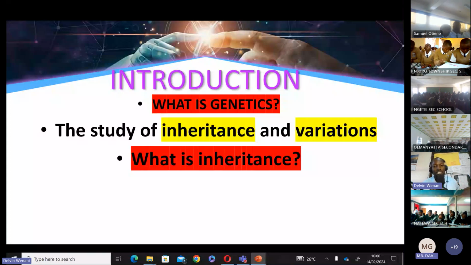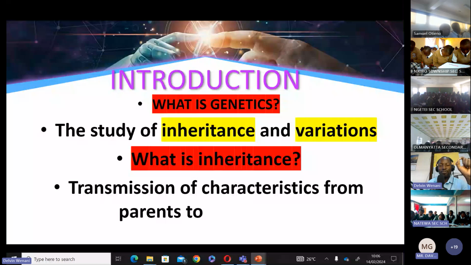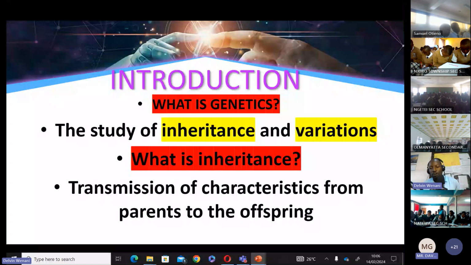I'm talking about children looking like their parents. That's what we call inheritance. Inheritance is the transmission of characteristics from parents to the offspring.